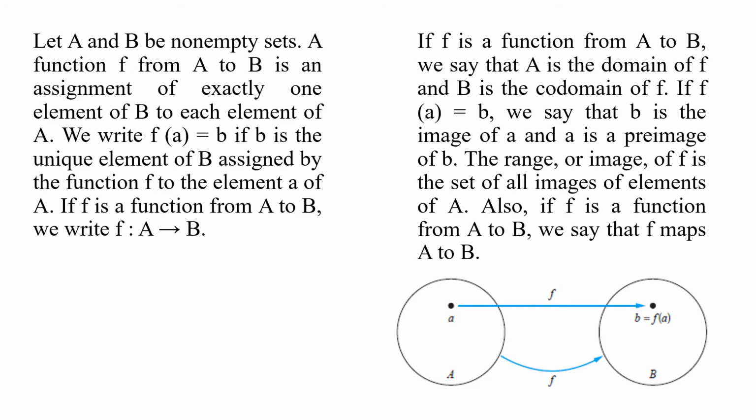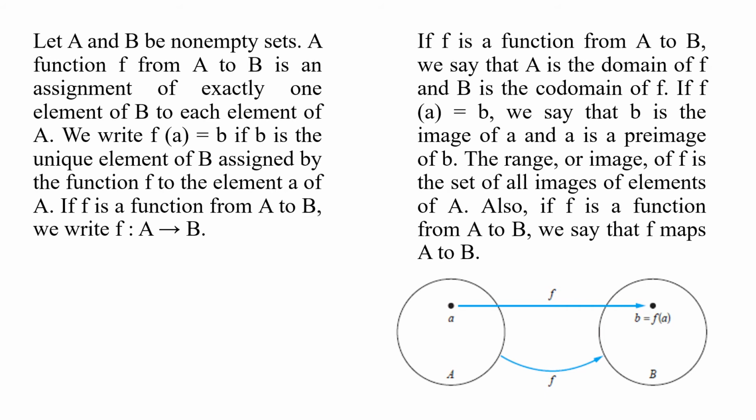The range or the image of the function f is the set of all images of elements of A. Also, if f is a function from A to B, we say that f maps A to B. So when we define a function, we specify its domain, its codomain, and the mapping of the elements of the domain to elements of the codomain.